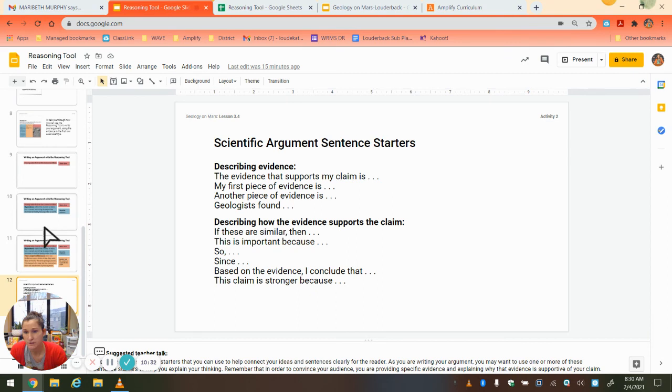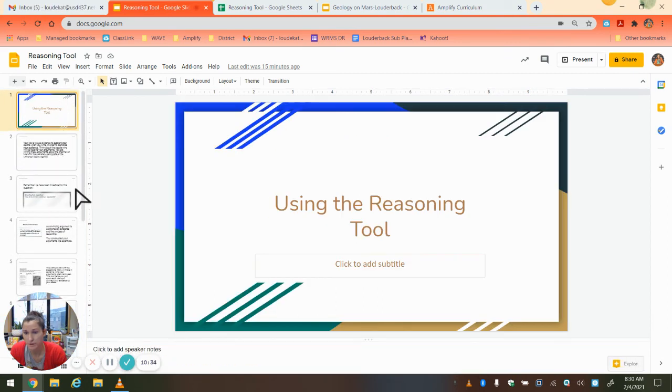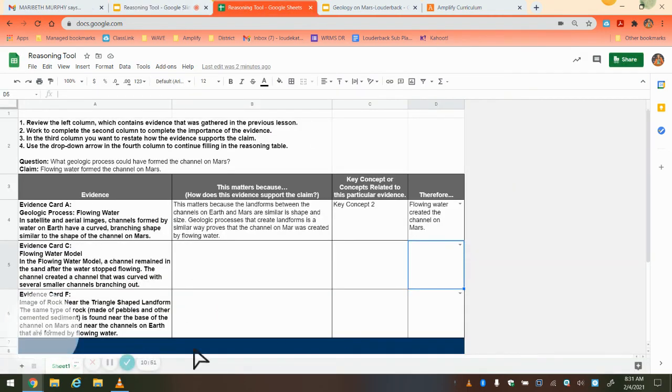I will have this reasoning tool slides available for you to revisit. I will also have the video posted. And again, if you have any questions, please feel free to email and let me know. But the goal is that Monday or Tuesday, coming back next week, we will open up our reasoning tool and revisit our sentences.